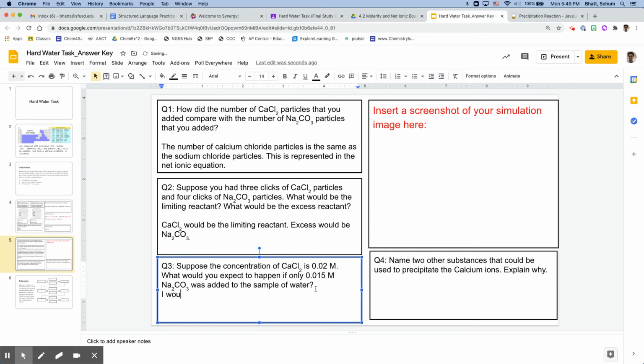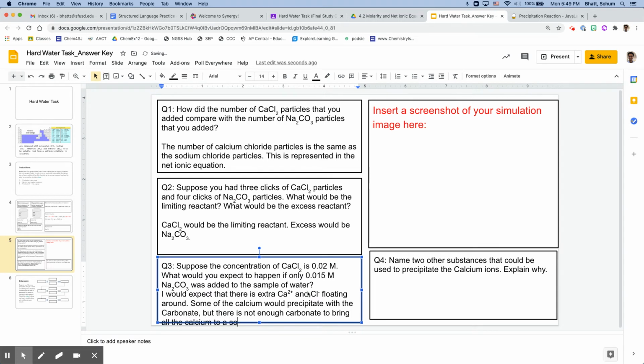So I would expect that there are extra calcium ions and chloride ions floating around, and some of the calcium would precipitate with the carbonate, but there is not enough carbonate to bring all the calcium to a solid.